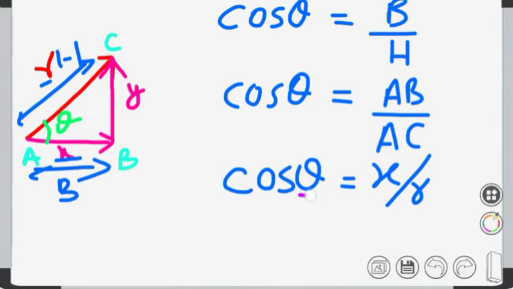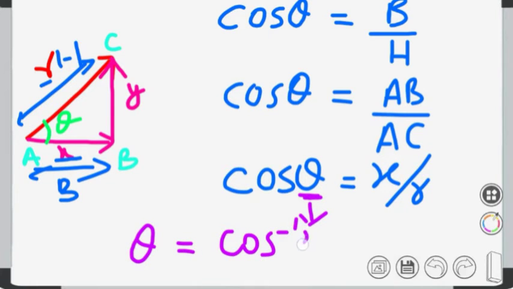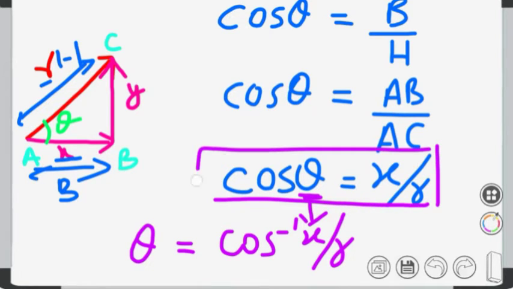Here you can calculate the value of theta, which will be theta is equals to cos inverse x over r. So this is the formula for calculating cos, and this formula can be used to calculate theta in terms of cos.